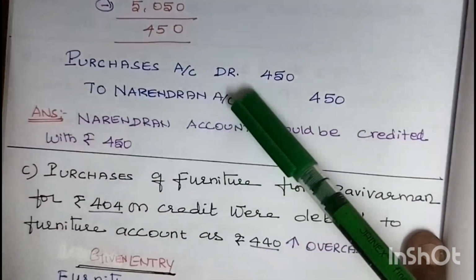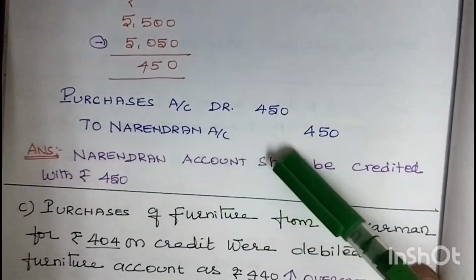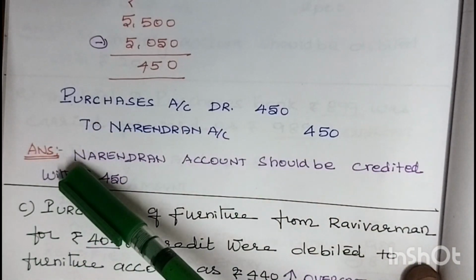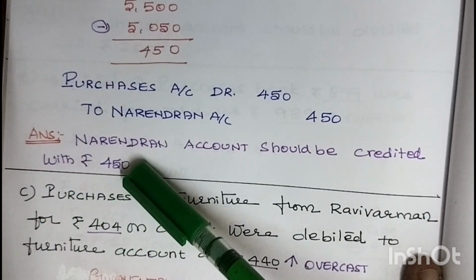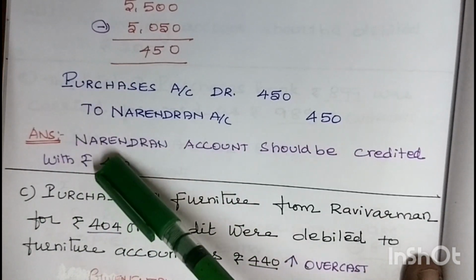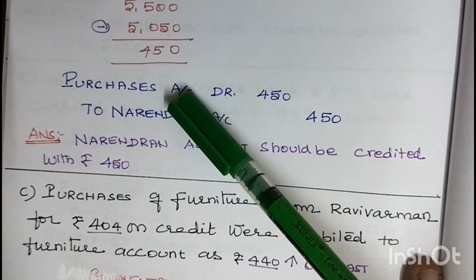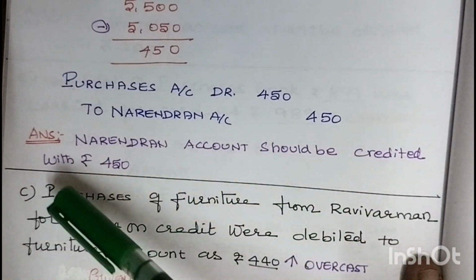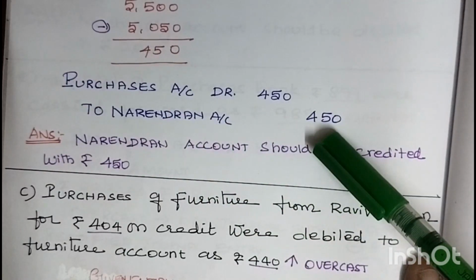So, purchases account debtor, how much rupees difference? 450 to Narendran account 450. What is the answer? Narendran account should be credited with rupees 450. Here we have to compare this statement with the correct journal entry. Narendran account should be credited with 450.